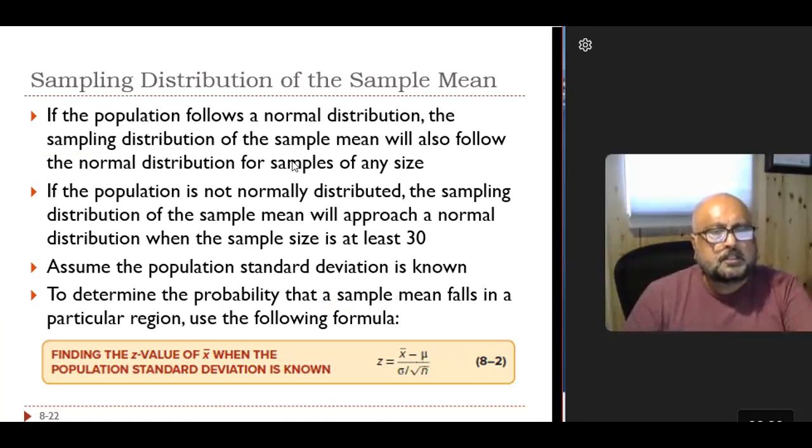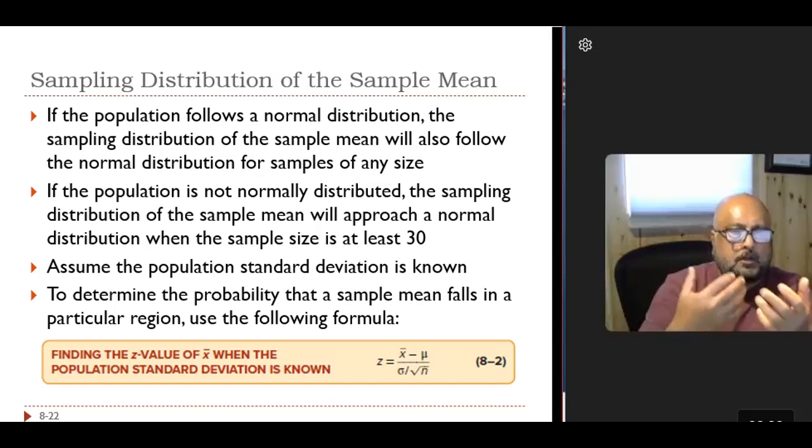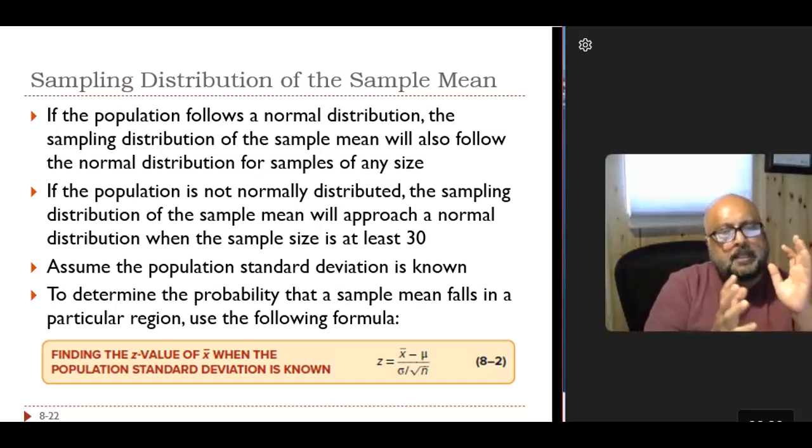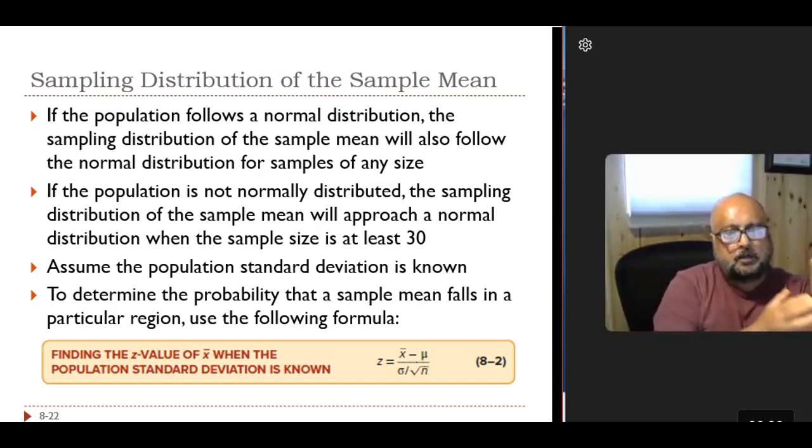And this is something you need to remember: if the population is normally distributed, then the sampling distribution of sample means will also be normally distributed. It doesn't matter what size sample you have.